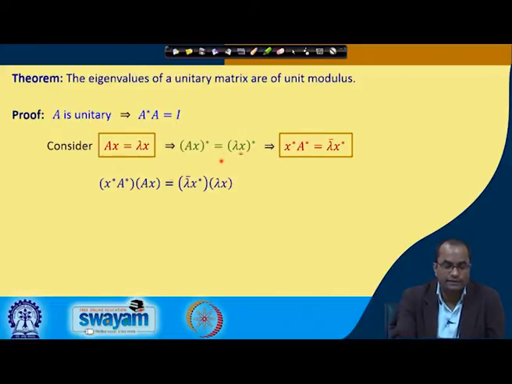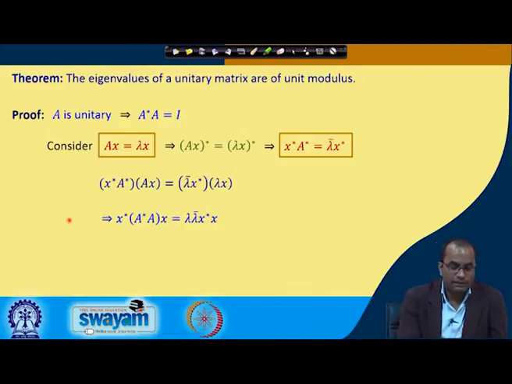Here x star A star, the product with this A x, these two vectors. So, x star A star multiplied by the vector A x is equal to lambda bar x star multiplied by lambda x. We have done just the product of these two, and then we use associativity. We can use A star A together, and lambda bar and lambda are constants, so we can easily take them out, and then we have x star x.